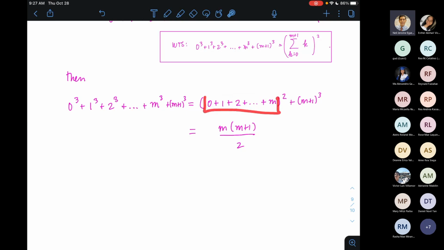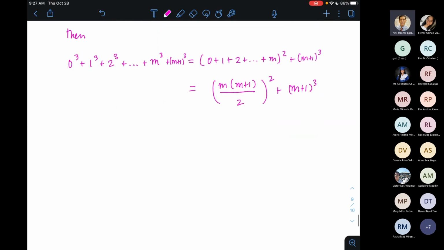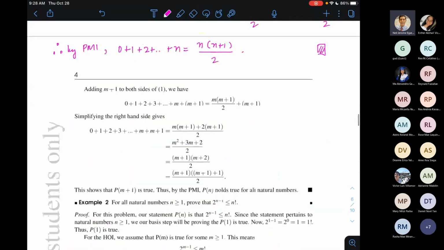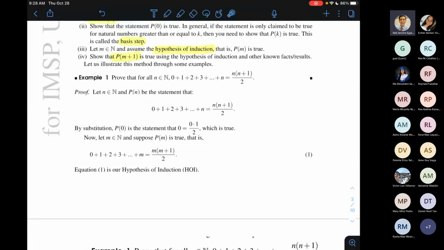Okay? So, itong sum na to, napalitan nito by example number 1. Tapos, quantity squared siya. Para dun sa quantity squared dito kanina. And then we'll have m plus 1 cubed, right? And the reason here is by, hold on, scroll up ko lang ng konti para ma-sure ko na siya example 1. Yes, that is example number 1 from last time.